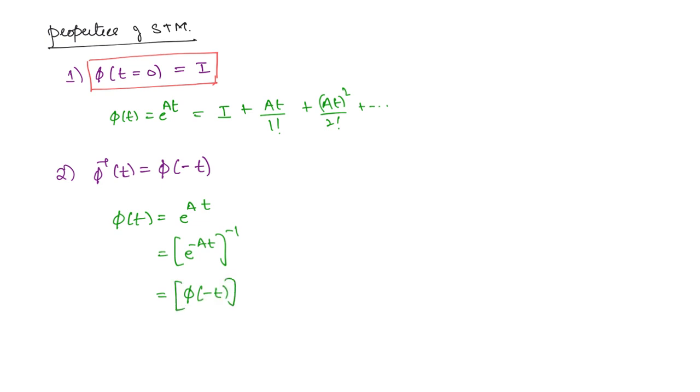So phi of t is equal to phi of minus t inverse. Now if you apply inverse on both sides, phi inverse of t is equal to the inverse of the inverse, which gives the original matrix, so phi of minus t. This is the second property.